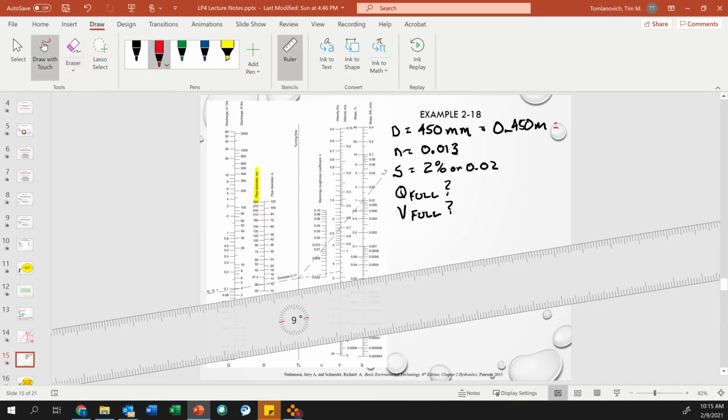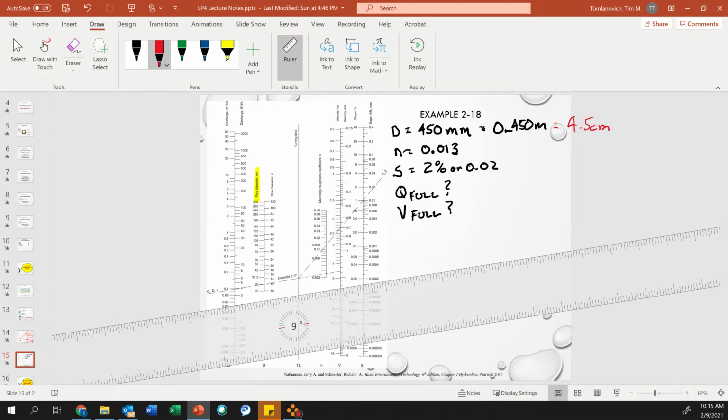So that is 4.5 centimeters pipe diameter. And I just want to make sure I'm reading the problem right. 450 millimeters.